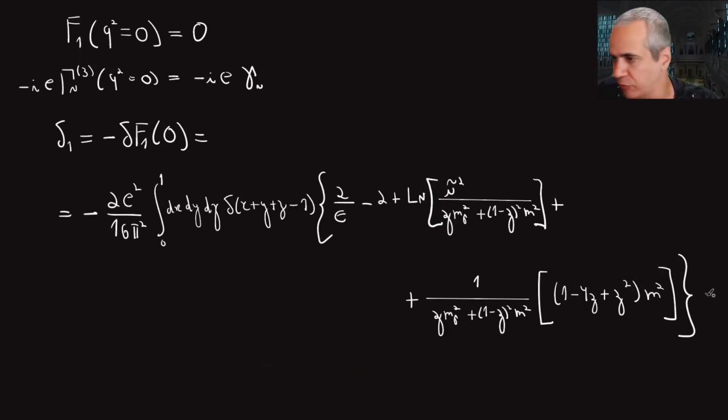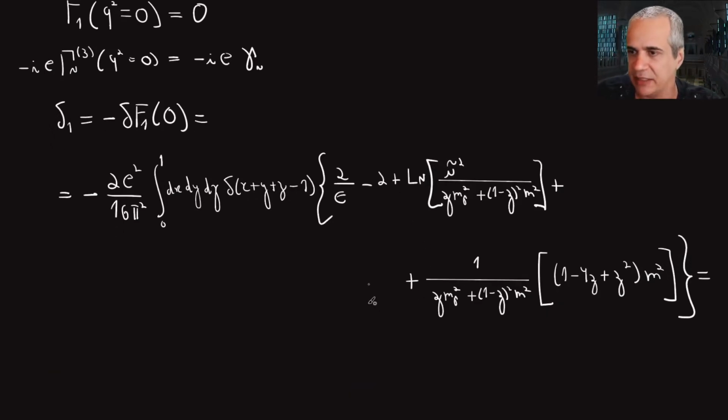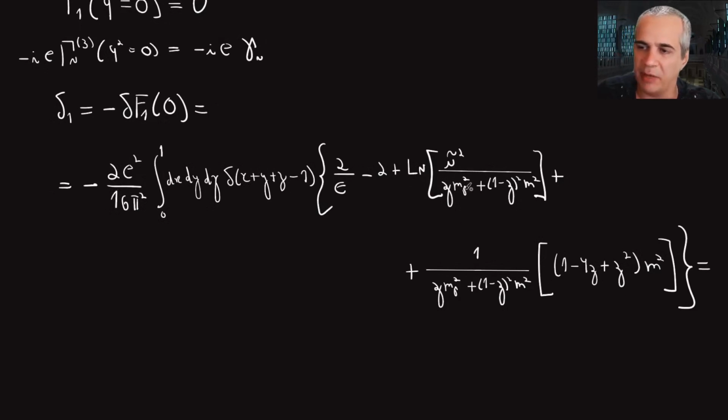Again, this integral is the kind of integral we have been asking Mathematica to do for us. I won't show the program, but it's actually doable, right? And then at the end, you have to expand this expression for small m gamma to take the leading terms as you go near the infrared pole, right? Since you already have the leading term as you go to the ultraviolet pole, right?